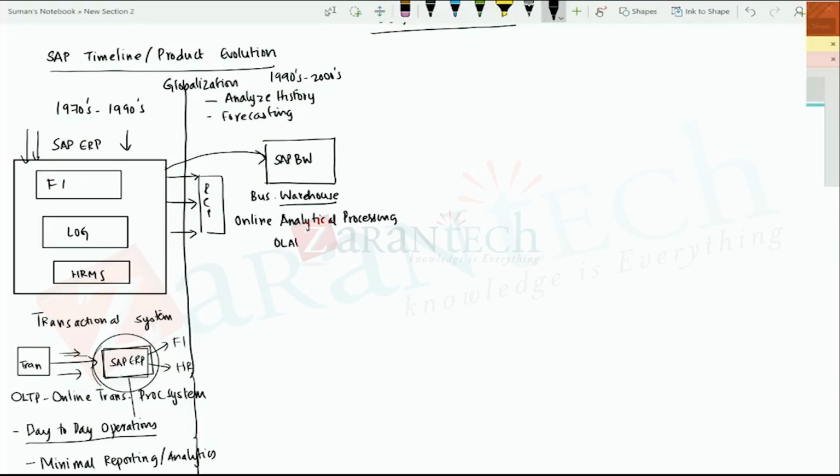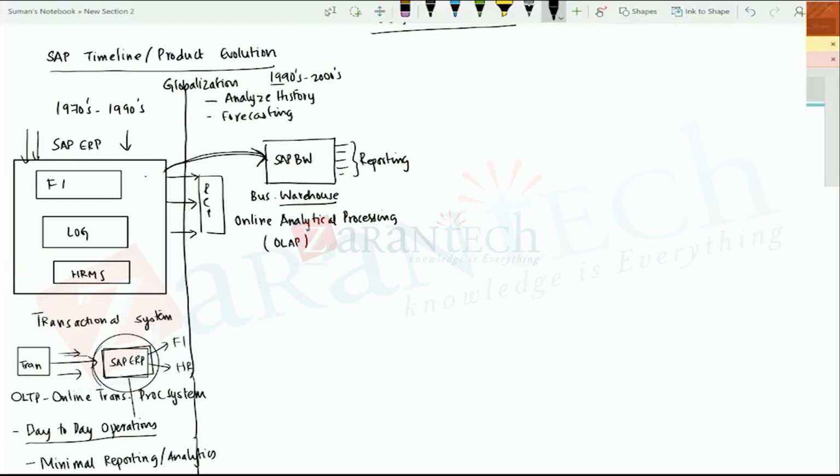The intention of this SAP BW tool was to predominantly use it for reporting and analytic purposes. The data stored in ERP was pushed further into SAP BW and used for reporting functionality.